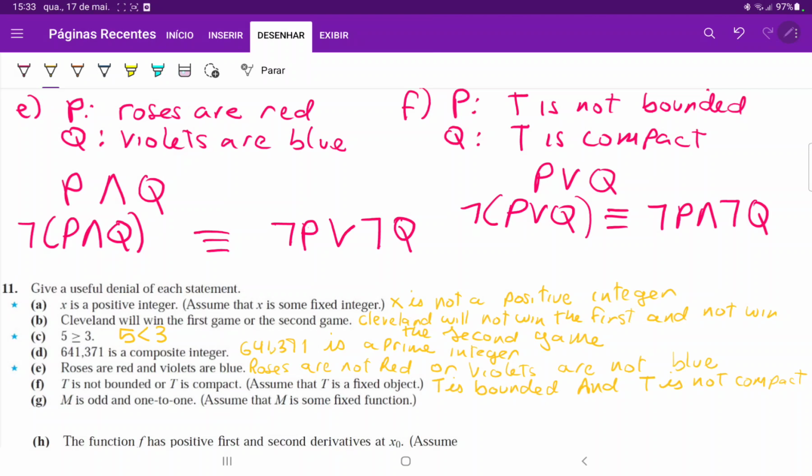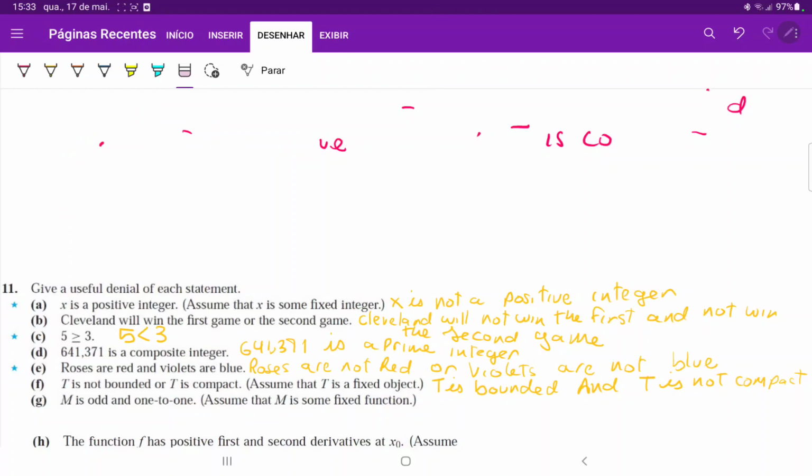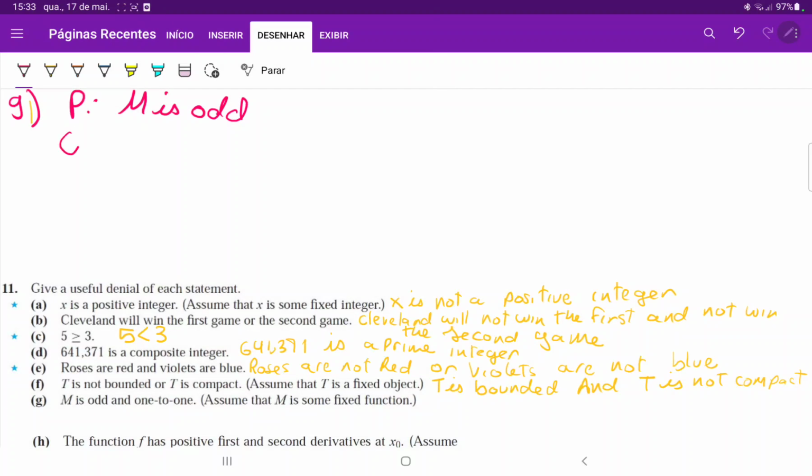Let's see. Now we have G, right? M is odd and 1-to-1. So once more, we have two propositions here. For G, P is M is odd, and Q is M is 1-to-1.